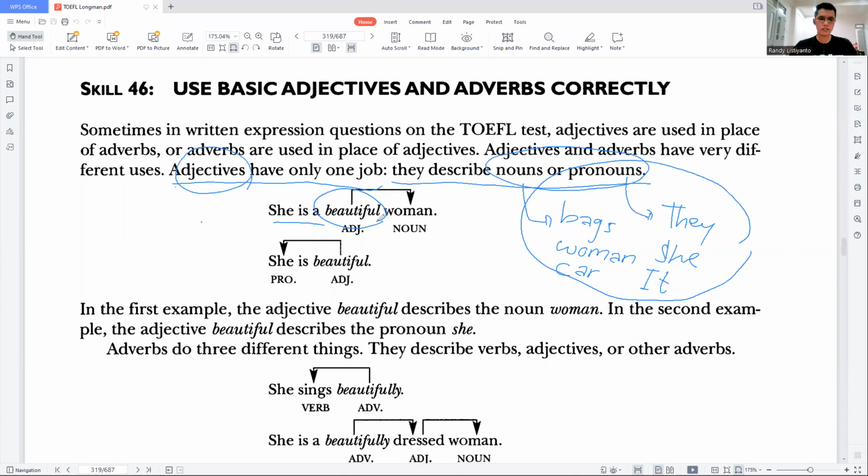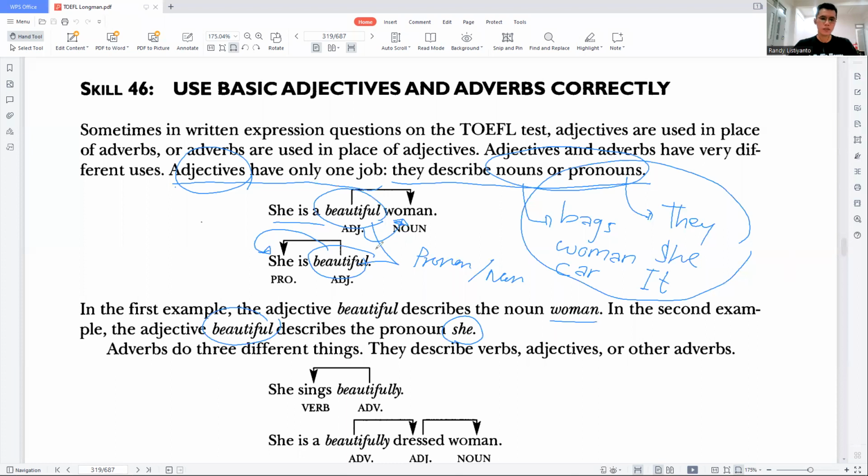Beautiful here is an adjective, and it describes the noun woman. And, she is beautiful. Here, the adjective explains the pronoun she. So adjectives describe pronouns or nouns. In the first example, the adjective beautiful describes the noun woman. In the second example, the adjective beautiful describes the pronoun she.